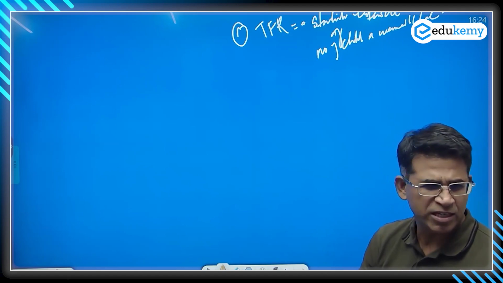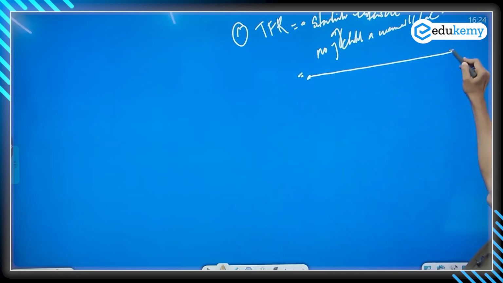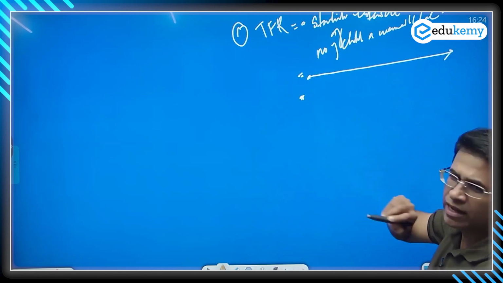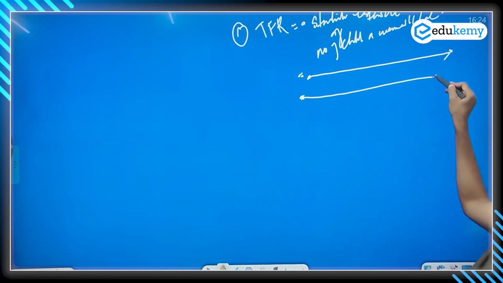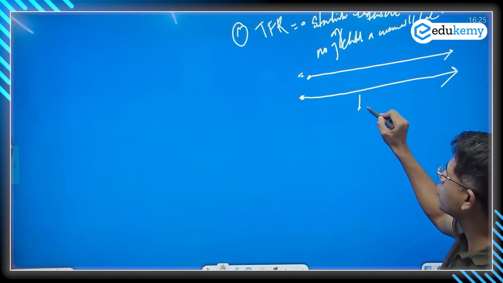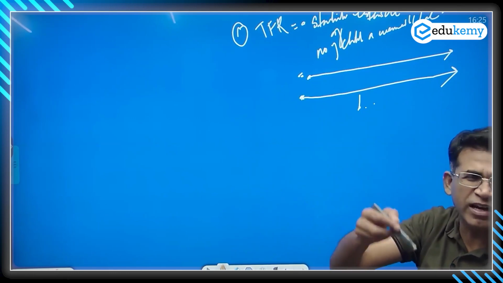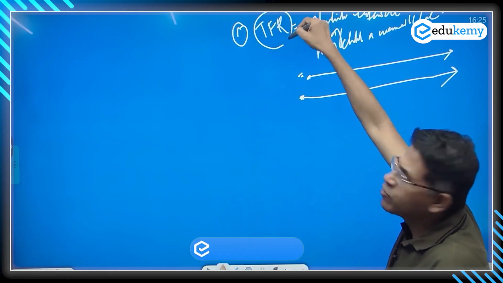So if the current trend continues, and the mother is lasting for the entire duration of her reproductive age span, then how many children will she have in her lifetime? That is what TFR is. So I believe you should know this.